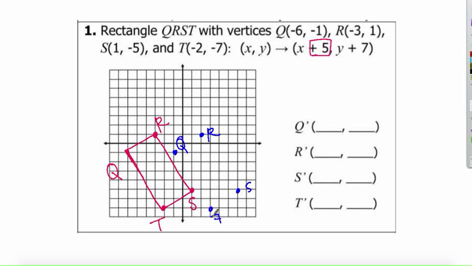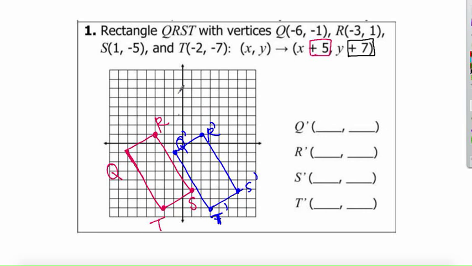Technically, since this is a transformation, we would have the little prime symbols. This isn't our answer; this is just me moving according to the transformation on x. Now I also have to move it according to the transformation on y. Y is telling me to take all the y coordinates and add 7 to them, so move everything up 7.